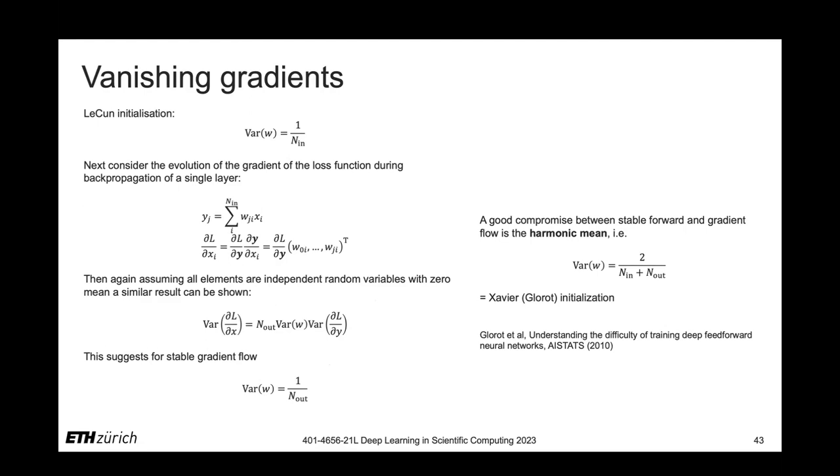Okay, so there's this kind of imbalance between balancing the variance of the forward pass and the variance of the backward pass. And so one good compromise is to choose the harmonic mean of these two conditions. So this is kind of the average, or the inverse average. And this lands us on something called Xavier initialization, which is, I think, the default initialization in TensorFlow for a fully connected network.